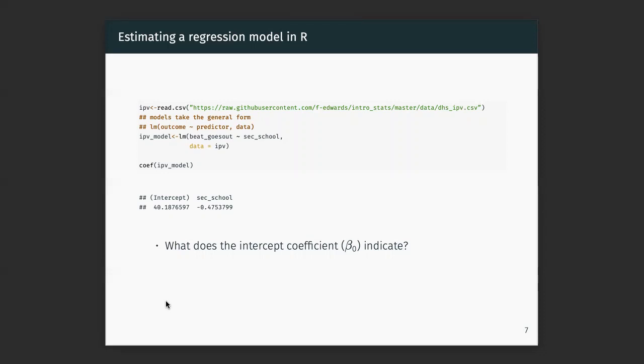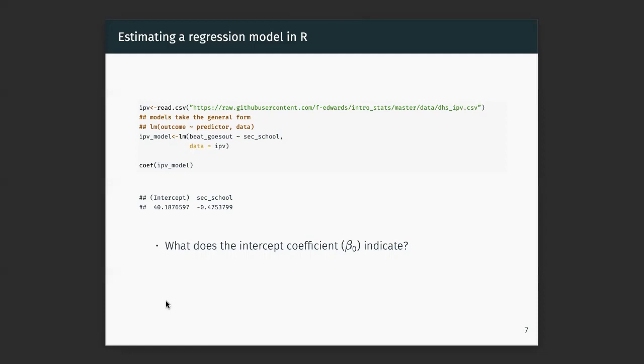It means when x is equal to 0, in this case when secondary schooling is equal to 0, our model says on average we expect a country to have about 40.2% of women tolerate this form of intimate partner violence. That's what the model says.